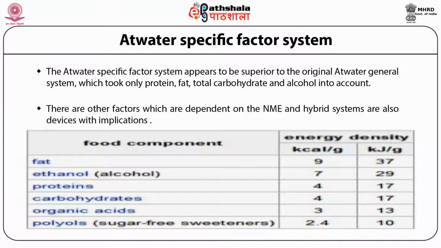This results in NME factors. The differences between the metabolizable energy and net metabolizable energy factors are found in estimating the energy content of proteins, carbohydrates, and alcohol. The next system is the hybrid system.